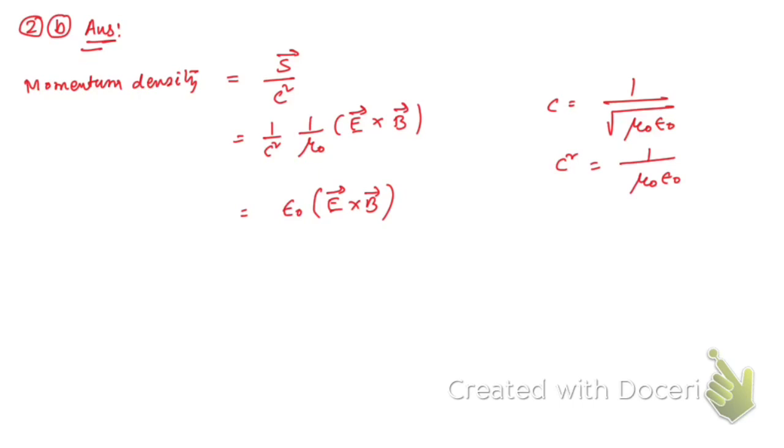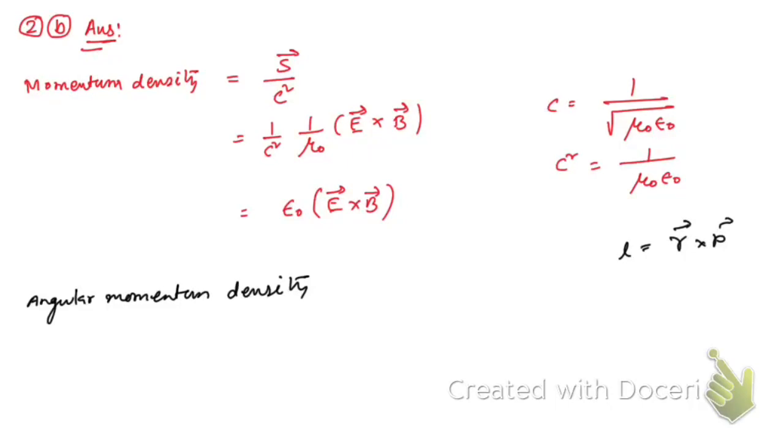Now let's discuss angular momentum density. We know that angular momentum is given by r cross linear momentum, right? Okay, so here you see what we can do.